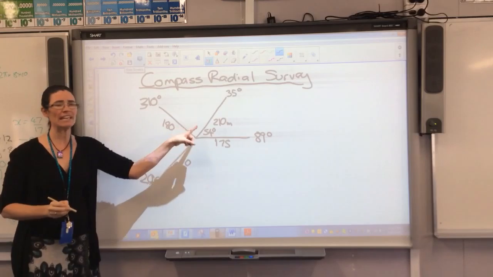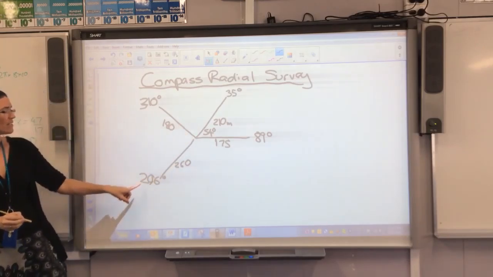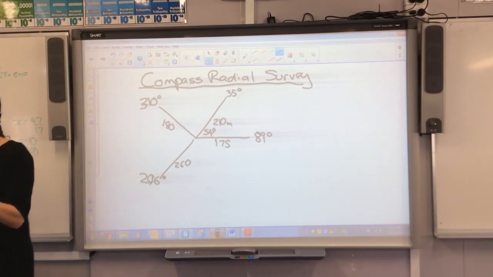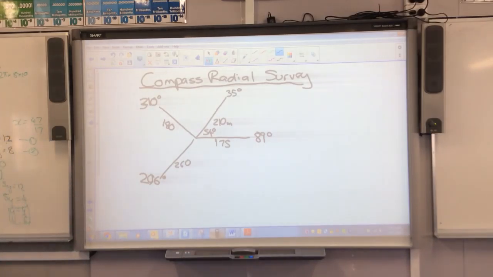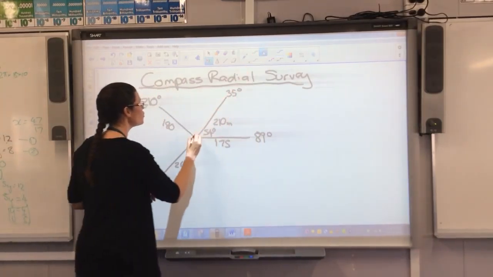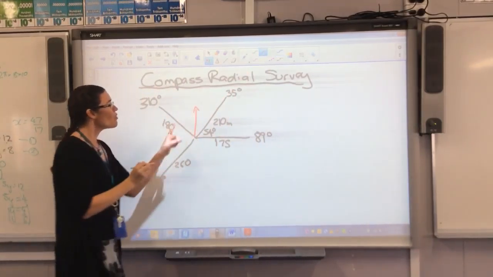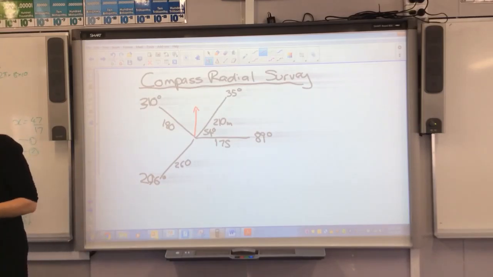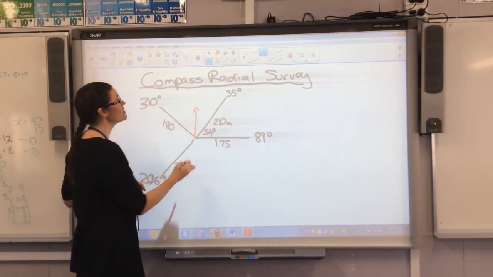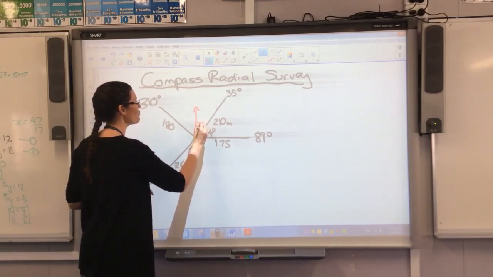What about this one here? So these are easy, 206 minus 89. This one here, I cross 0. So when you cross the north line, because you have north in here, you've crossed this line. I need to calculate each of those separately and then just add them together. So this bit on this side is going to be 35.